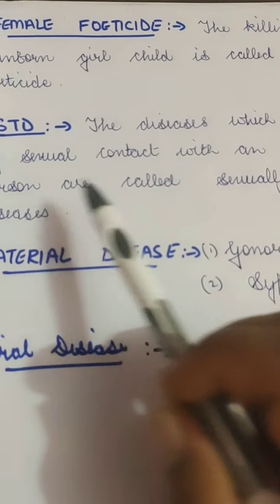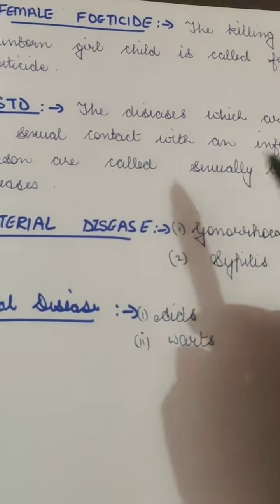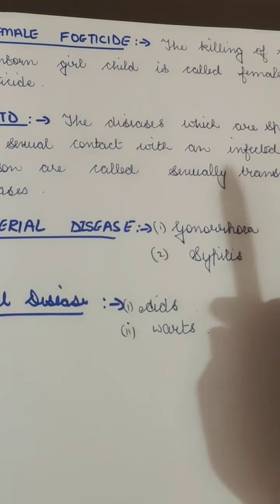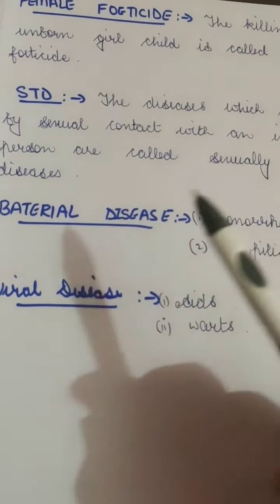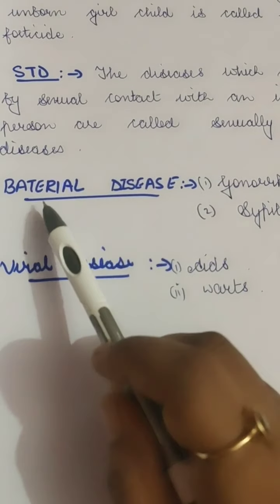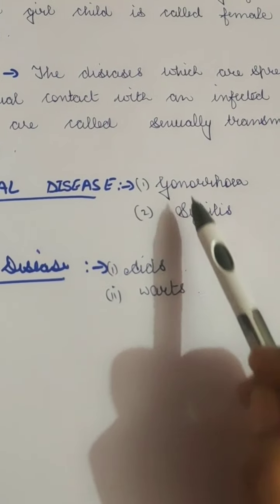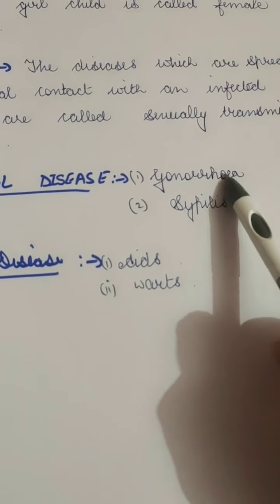Now next is STD. STDs are sexually transmitted diseases, which are caused by sexual contact with an infected person. Basically there are two types of diseases, bacterial disease and viral disease. Bacterial diseases are gonorrhea and syphilis, which are curable.